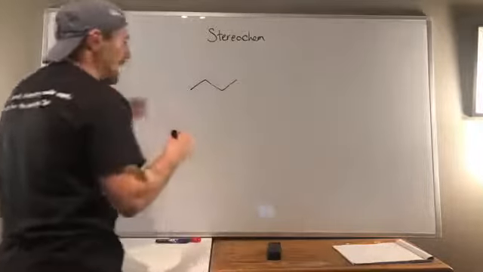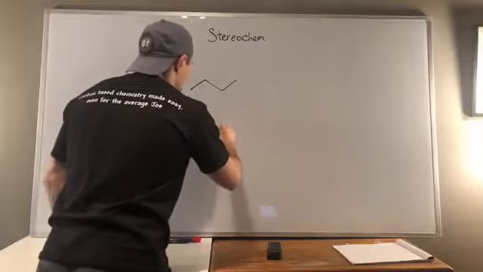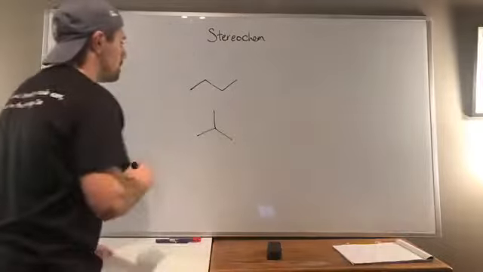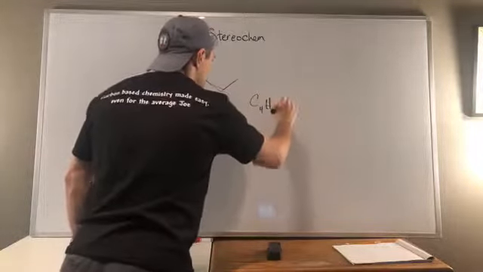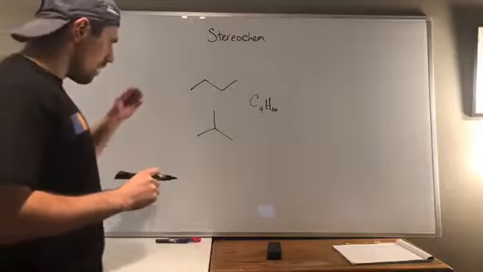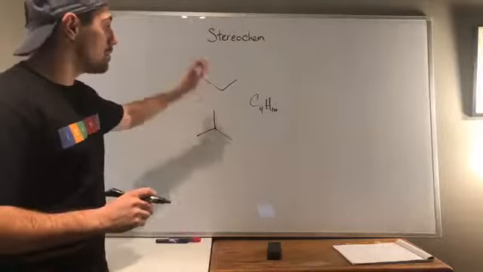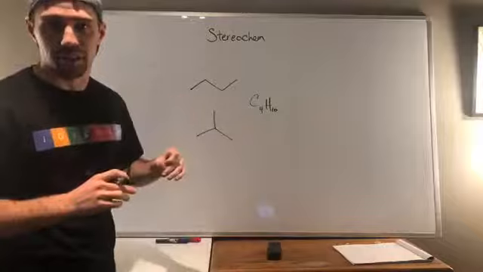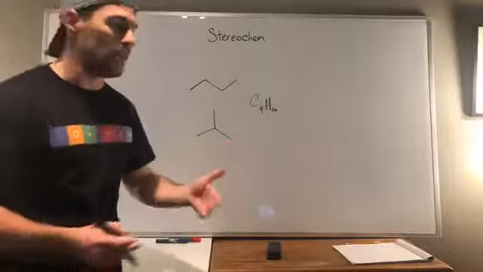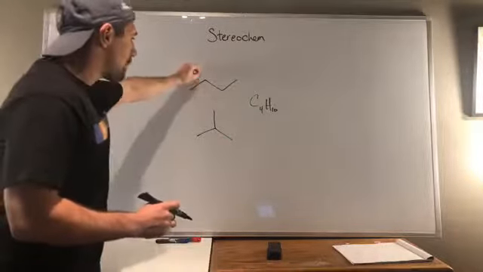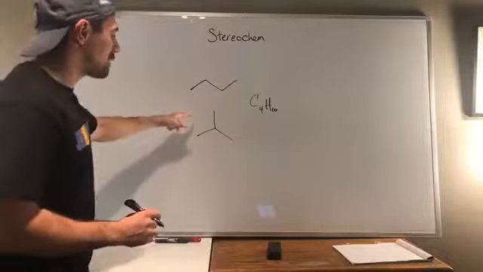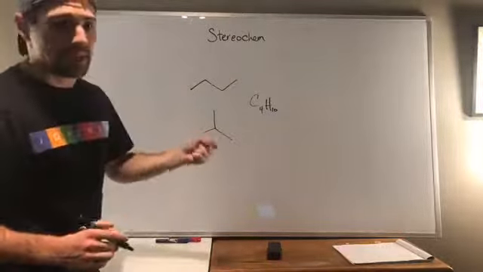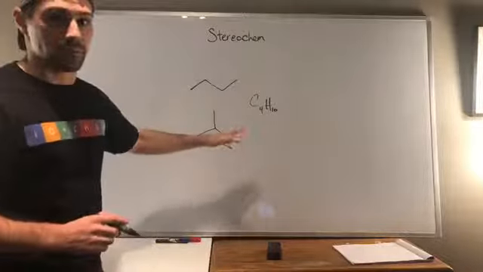If I were to draw something like n-butane, and then something like isobutane, both of these are C4H10. They have the identical chemical formula. However, they're not the same. The actual atom-to-atom connections are different: n-butane is just a bunch of carbons and hydrogens all in a row, but isobutane has different connections. These are called structural isomers.